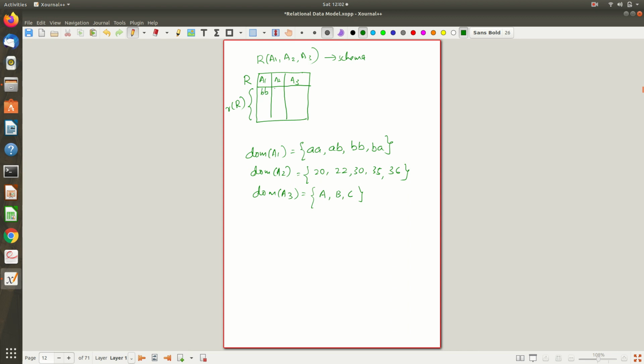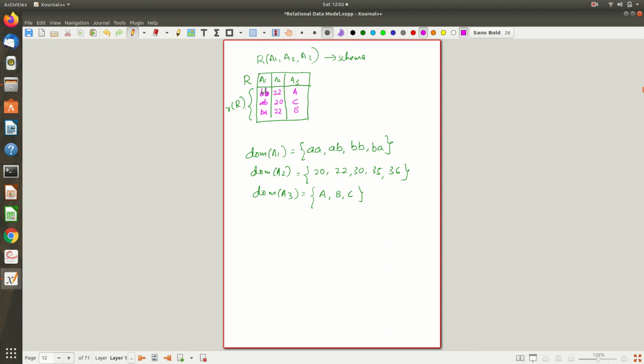This person has the name BB, and let his age be 22 and his grade be A. Now there is another person, with the name AB, age 20, with the grade C. Say there is another person with the name BA, with the same age and grade B, since values can repeat. It can be anything. So for the time being, this is the current state of the relation.